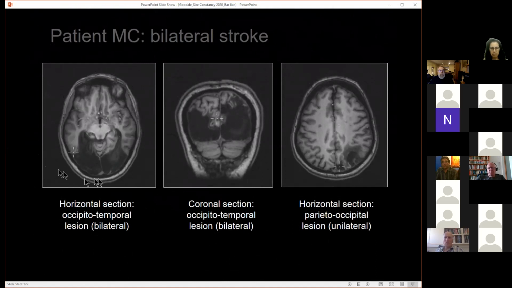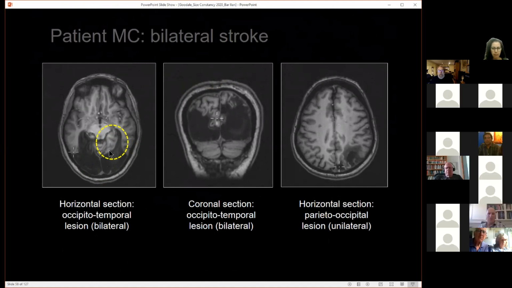This is a slice going through the temporal lobe, and you can see that there's really no tissue here. There's a bit of spared parahippocampal cortex in the right hemisphere. There's a tag of very anterior calcarine subserving the very far peripheral visual field. And the lesion even extends into the occipital parietal area in the right hemisphere. So these are very big lesions.